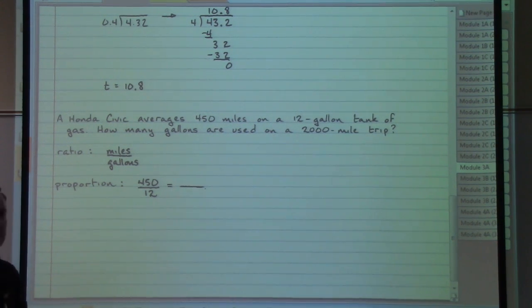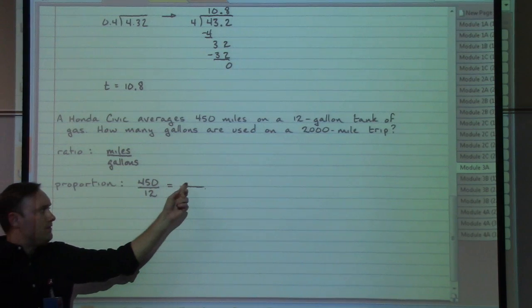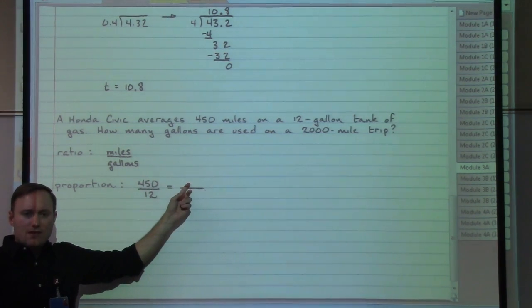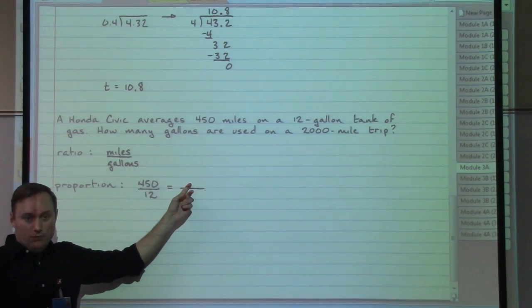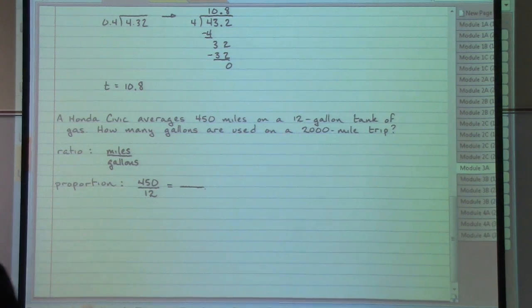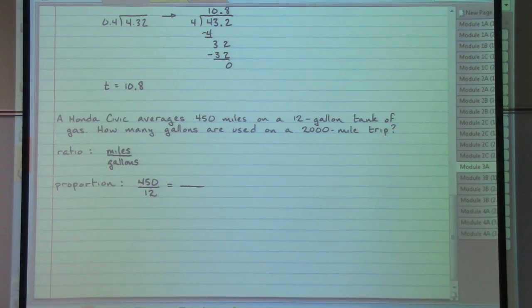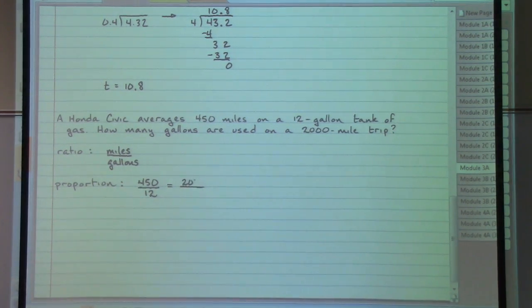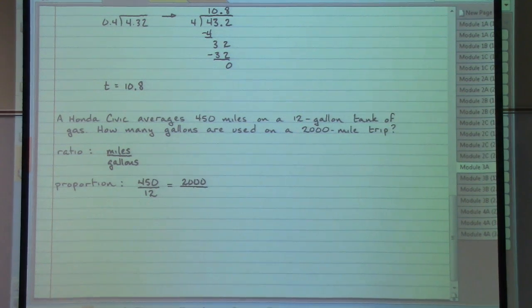We read through the second sentence, the question that they ask, how many gallons are used on a 2,000-mile road trip? So the other piece of information that they're specifically giving us is the number of miles, which we said goes on the top. That's how we are building that ratio, miles on top. So 2,000 goes on top, and we don't know the number of gallons.